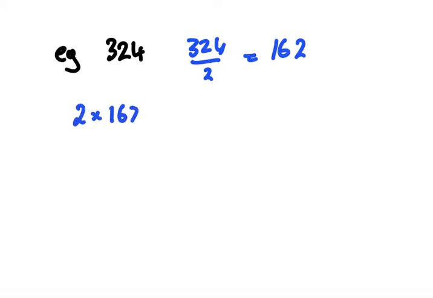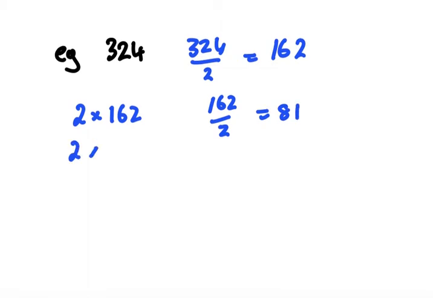Well, you might think, what goes into there? First of all, I'm going to start off dividing it by 2. So when I get that, I get 162. So 2 times 162 makes 324. 162 is even, so it's not prime, so I can divide it again by 2. That gives me 81.